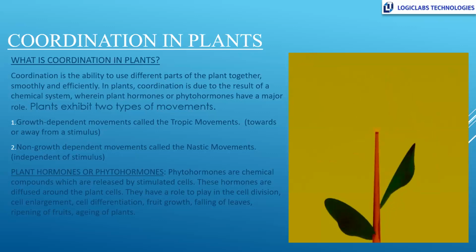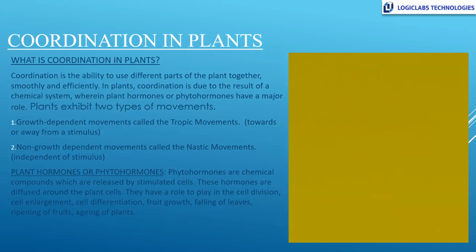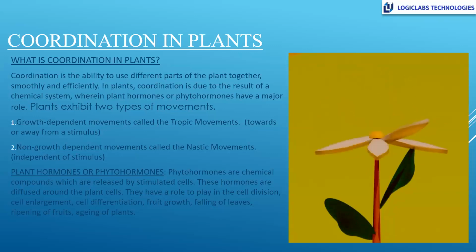Cell differentiation. What is cell differentiation? There is a comparison from one cell to another cell, so that differentiation takes place. Then fruit growth, where it produces fruits. Falling of leaves. We see that in a few seasons, like the autumn season and spring season, the old leaves shed off, and then we can find new leaves which are coming out. So all these falling of leaves also is possible because of these plant hormones.